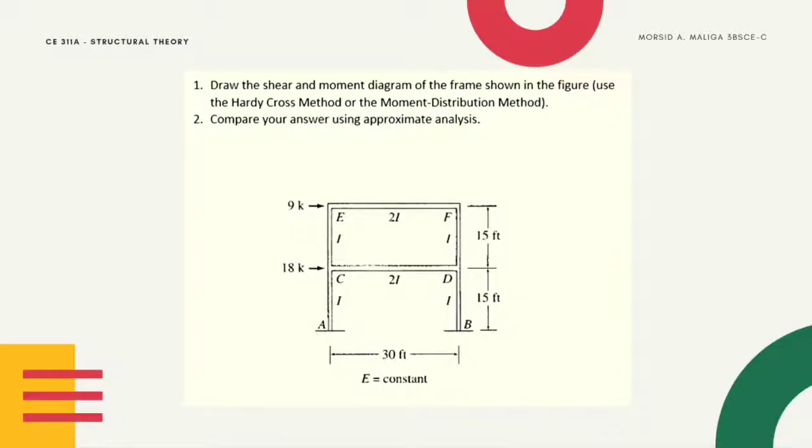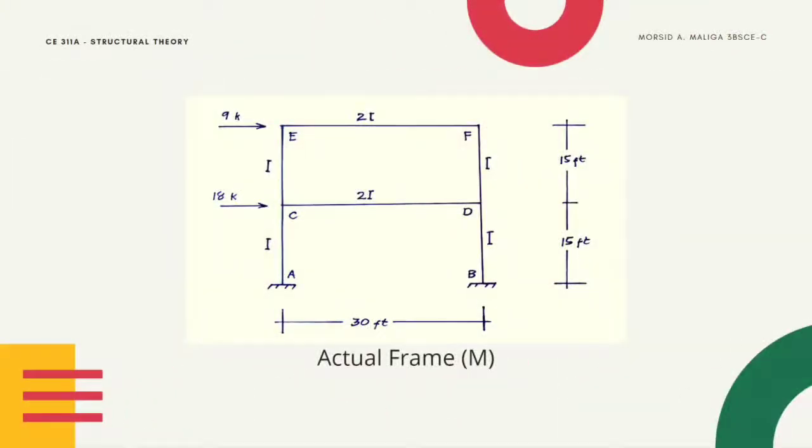And meron tayong applied force or ang load natin at joint E na 9 kips, and also in our joint C is 18 kips. So our E here is constant. So this is our actual frame. So it's the same as the figure shown in the problem in the previous page.